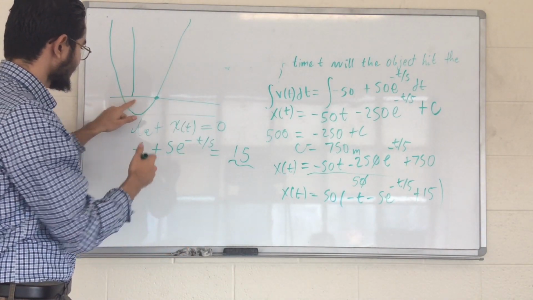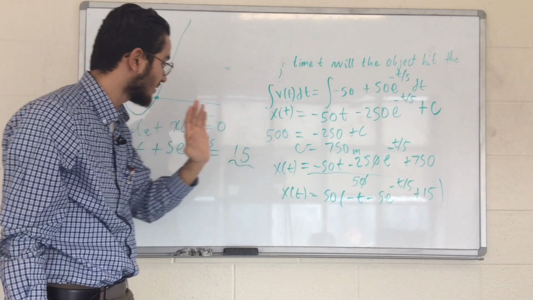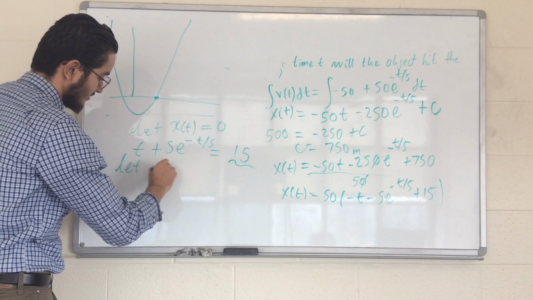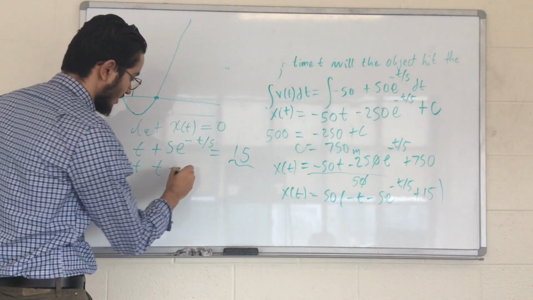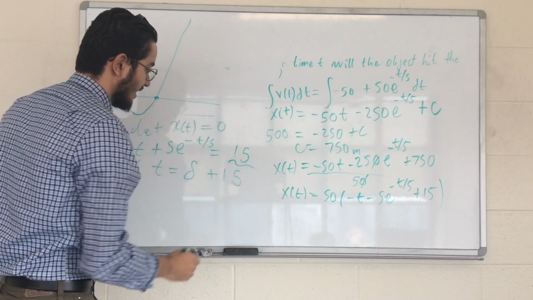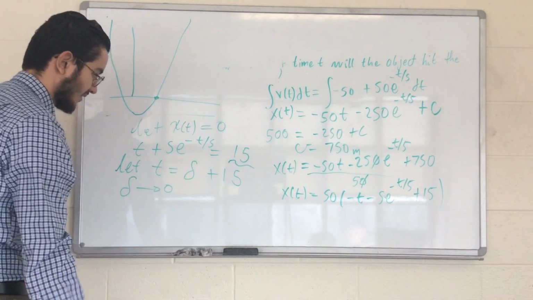So over here, we're going to find this point, assuming it's very close to 15. So you're going to let t equal some value, delta, plus 15, okay? And in this case, we're going to let delta approach 0.